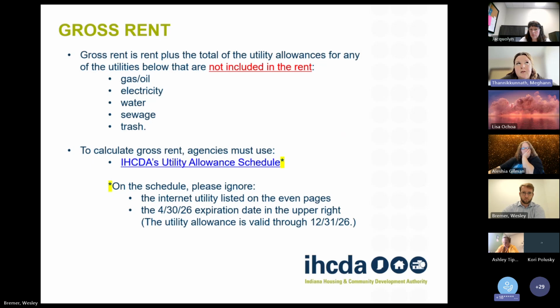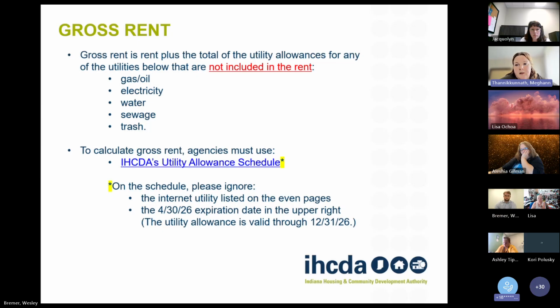So it's important to have that distinction when you are going through the calculations that we'll talk about. Just remember when we say rent, you need to know, are we saying gross rent? Are we saying tenant rent? Are we saying a housing assistance payment? The reason you hear all of those different acronyms is because rent can cover a lot of different things. So the definition of gross rent specifically is the total of the utility allowance and the total of the rent.